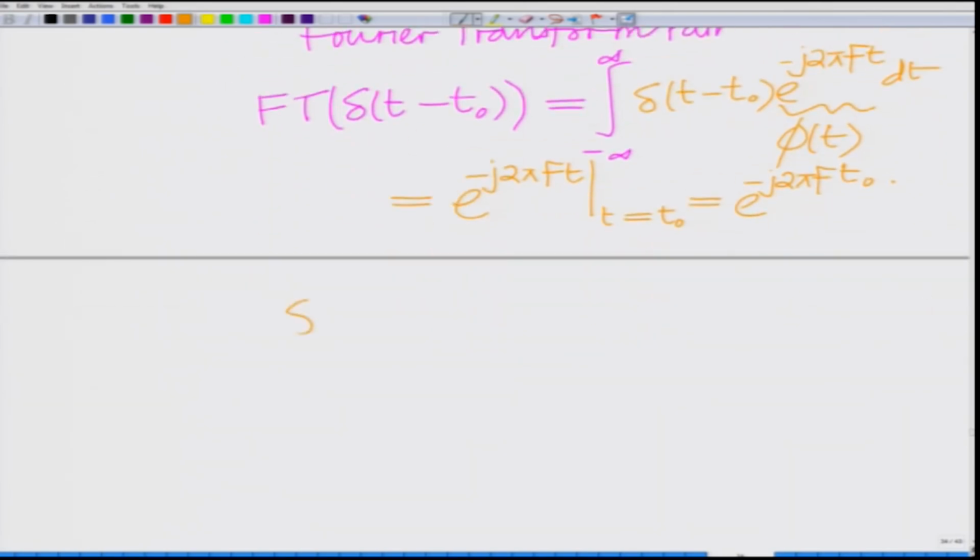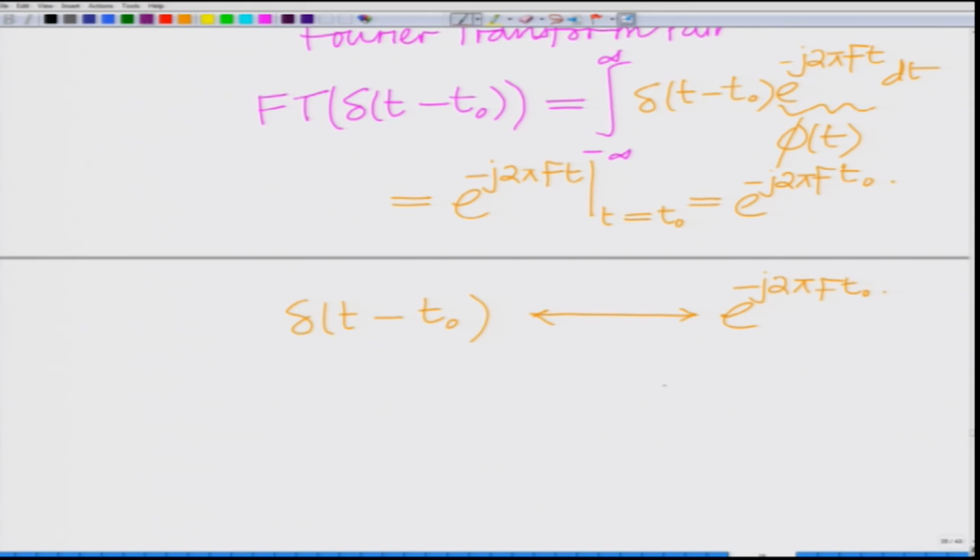So for the shifted impulse delta t minus t naught, the Fourier transform pair is e to the power of minus j 2 pi f t naught.